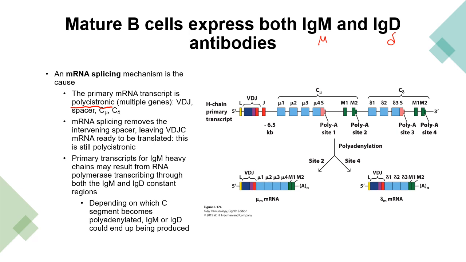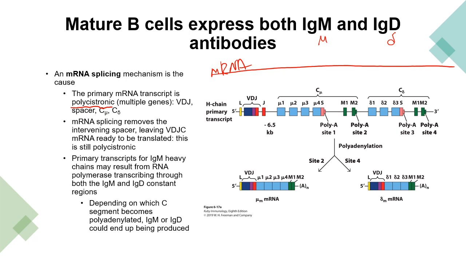So all of this is basically created as one long primary messenger RNA. Normally what you would have is a messenger RNA that codes for IgM and a second one that would code separately for IgD. That's not what we actually see in this system. What we actually see is just one long, big messenger RNA that codes for both.